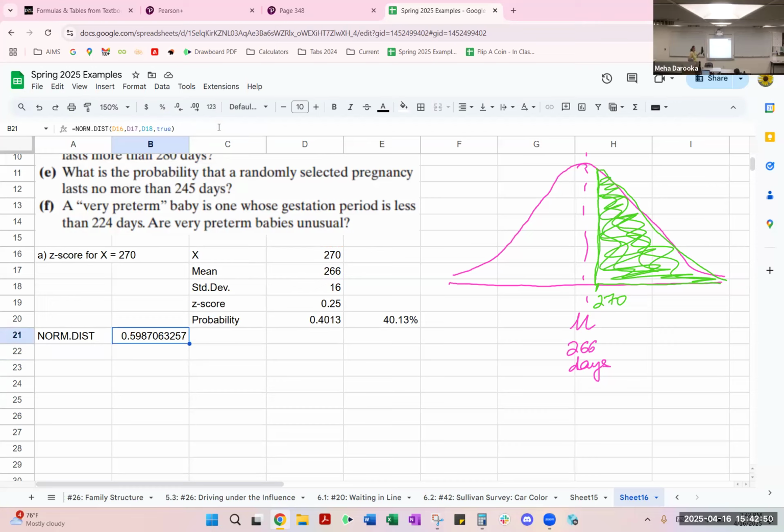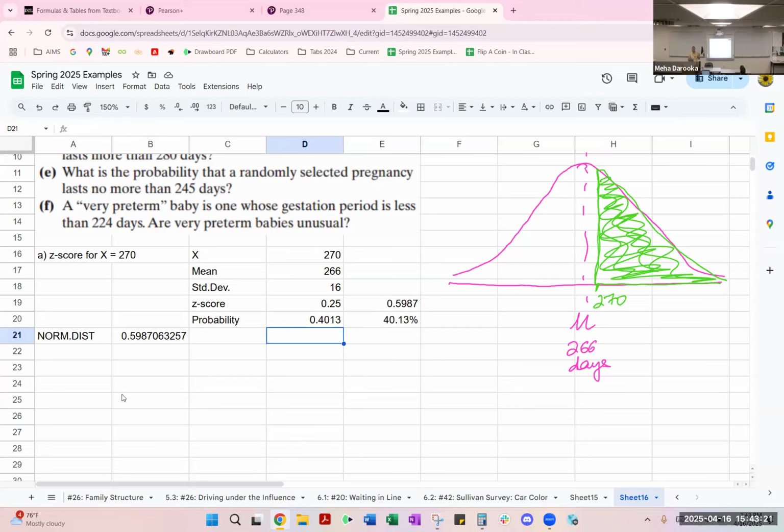As you will see, this is the same value as the 0.5987 we got from the table, which is what we then subtracted from 1. And that's the same thing you will need to do in this case.